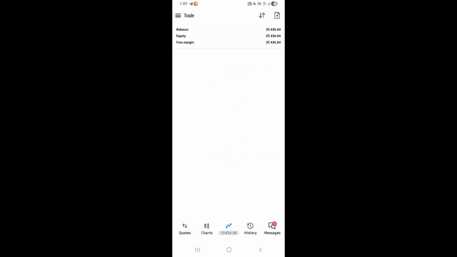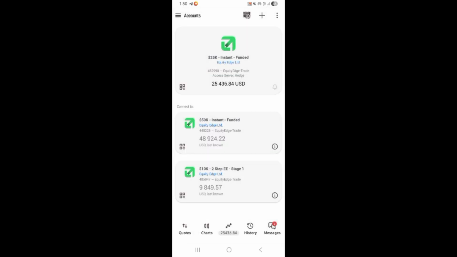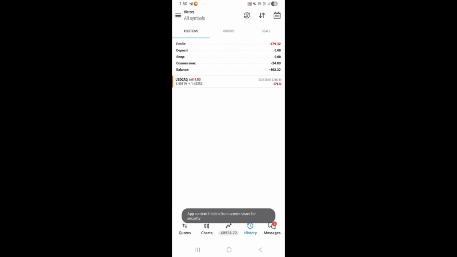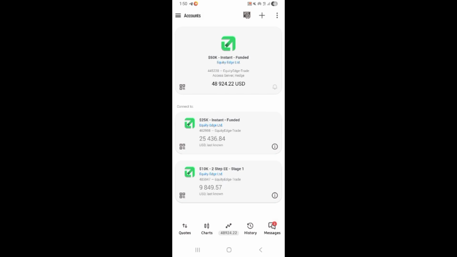But I wasn't with my PC to film that, so I made $258 on both positions. It's still an instant funded account from Equity Edge. This is still the 50k. Today it was a loss, and I just got in on the 25k.